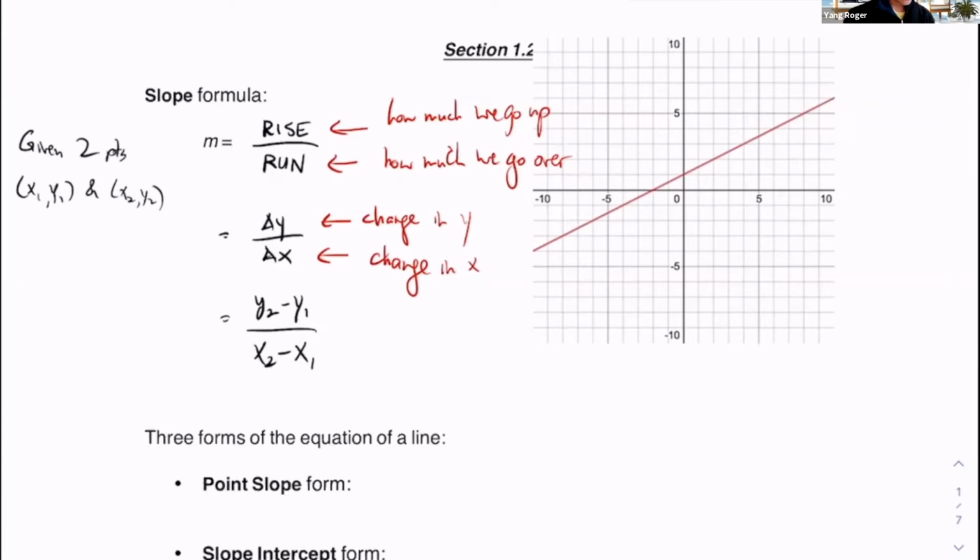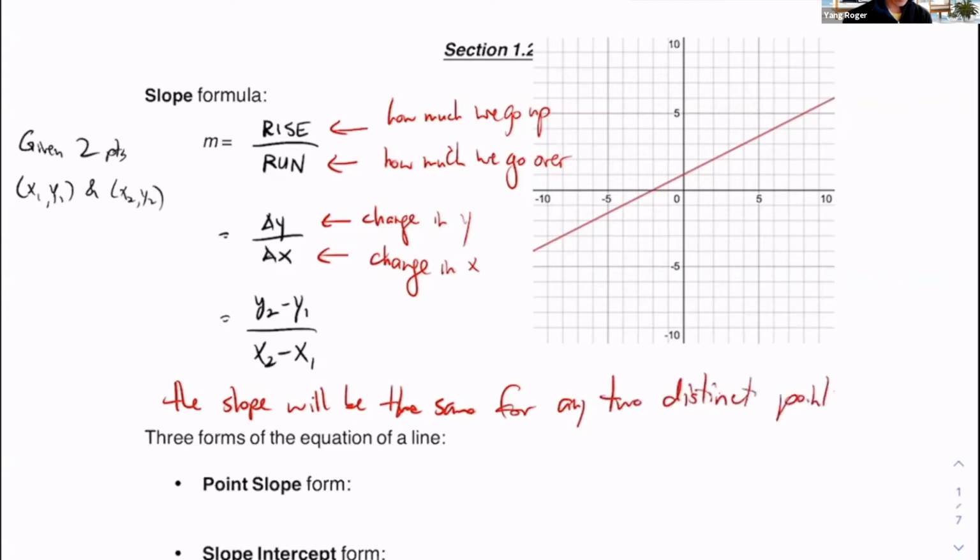The key idea is that the slope will be the same for any two distinct points on the line. Do you know what the word distinct means? It just means you couldn't choose the same point twice.